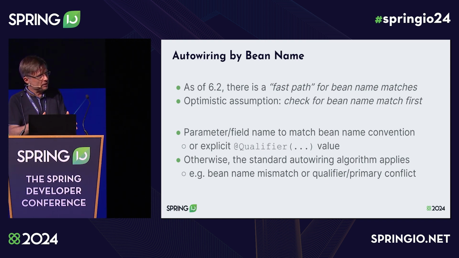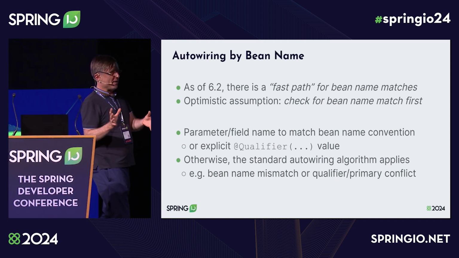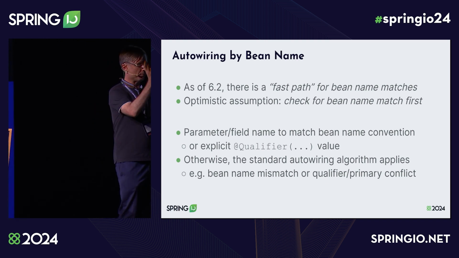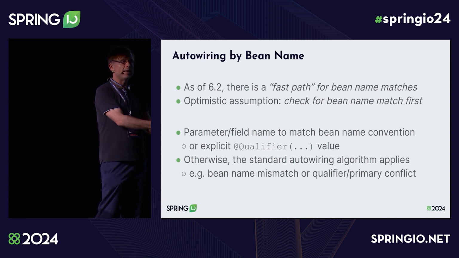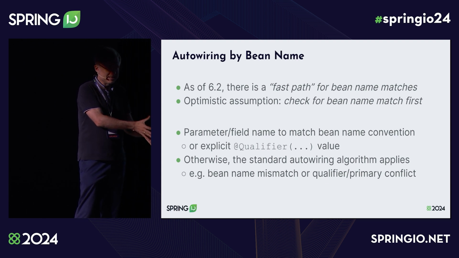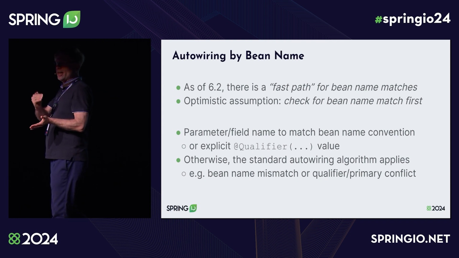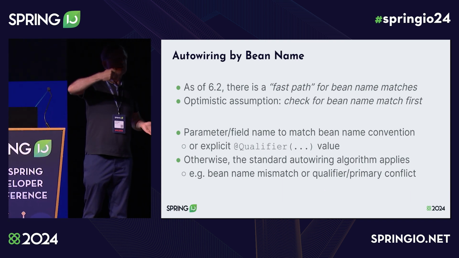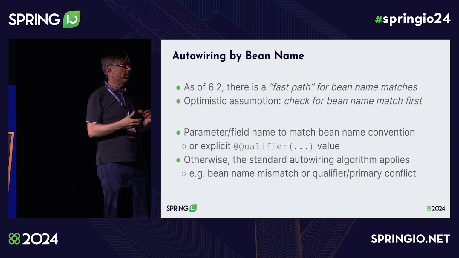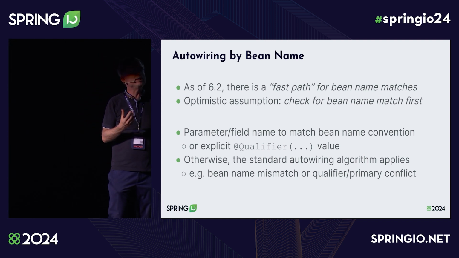So if we have that well-defined parameter name, there's a fast path where we make an optimistic assumption: is there a pre-registered singleton instance of that name? If we find an existing potential match of that name, then we work our way back through the algorithm. We use the other steps as basically conditions that we need to meet.